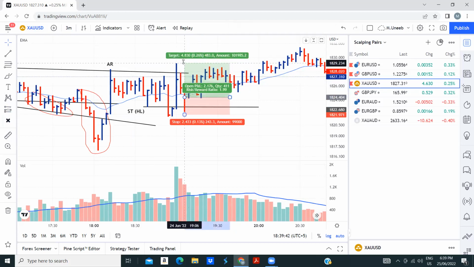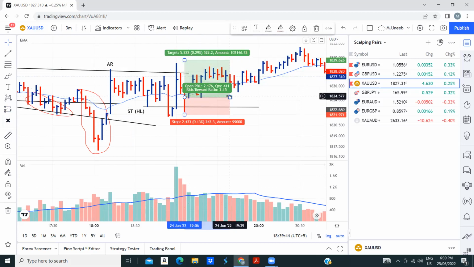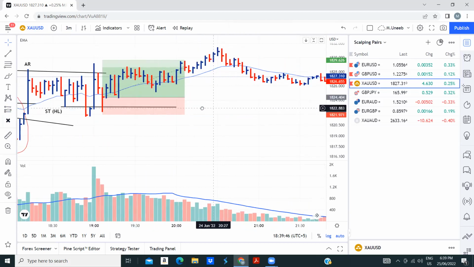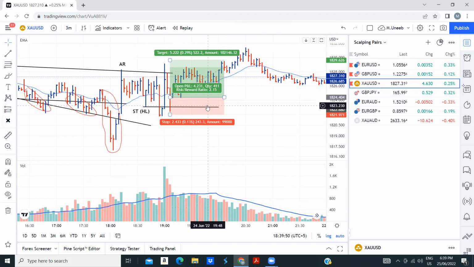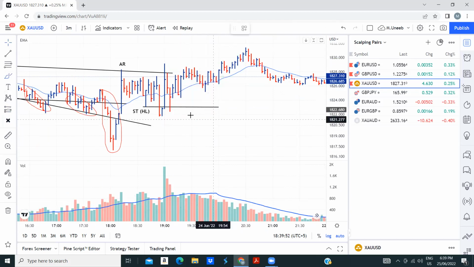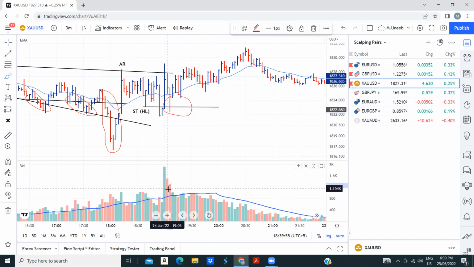Got it? But the point is you have to see whether we can achieve 2R or not. Yes. Got it? Why is it no supply? Sorry? This one? Why is it no supply? Yeah. This one. See here volume. This volume is lower than this volume and this volume.